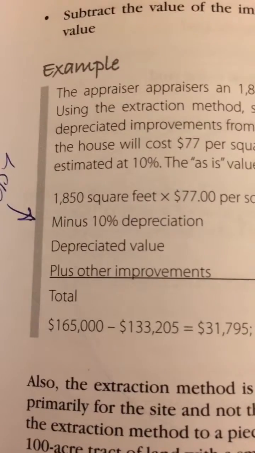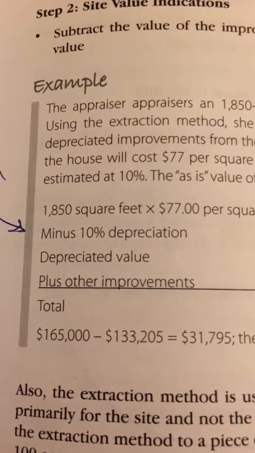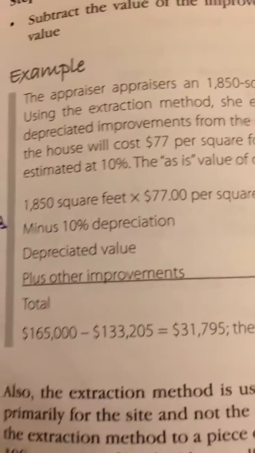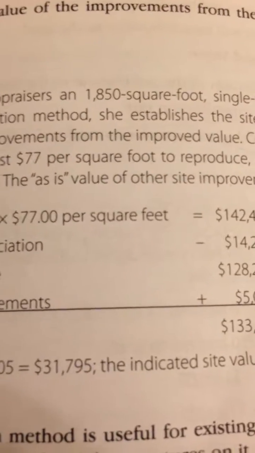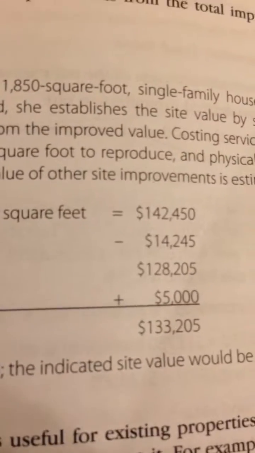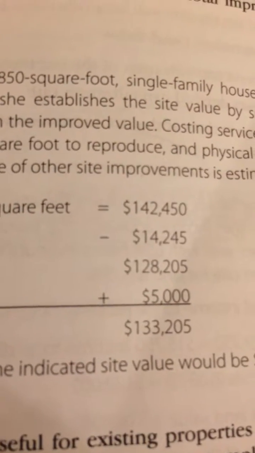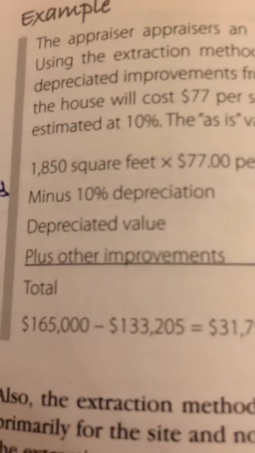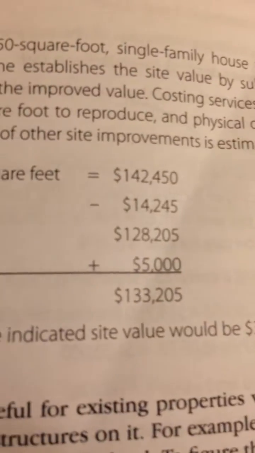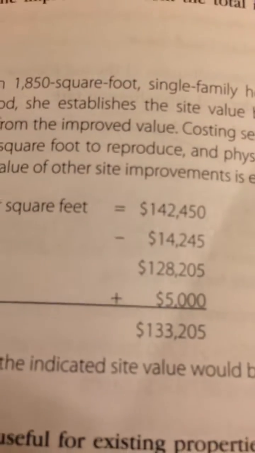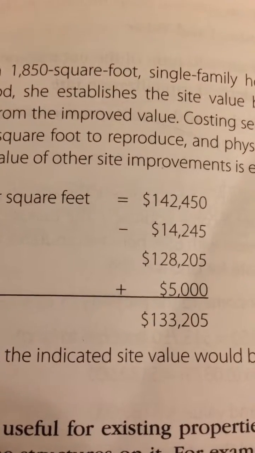So you have your 1,850 square foot gross living area multiplied by $77 per square foot equals $142,450. Minus 10% depreciation, so that's minus $14,245.